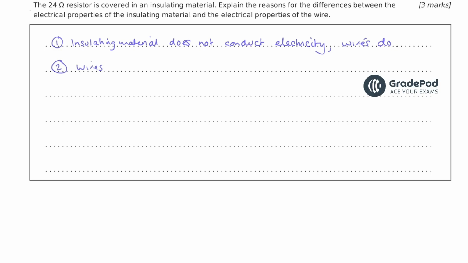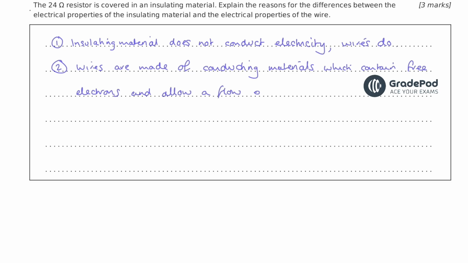Wires are made of conducting materials which contain free electrons and allow a flow of charge.